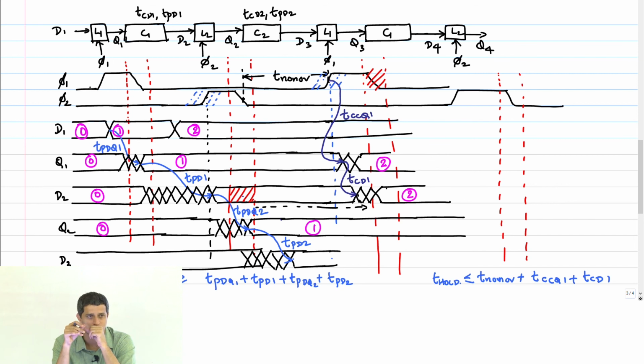If you don't want to borrow time, there's no issue. It's basically insensitive to clock skew, given that skew itself is a very small number. If the deviation from the actual edge is very small, then it is true that max delay is not affected by skew. So therefore, this is what we call skew tolerant. Max delay is skew tolerant.